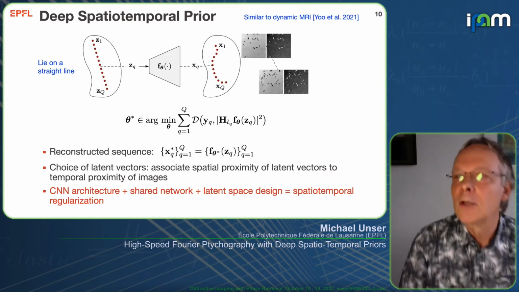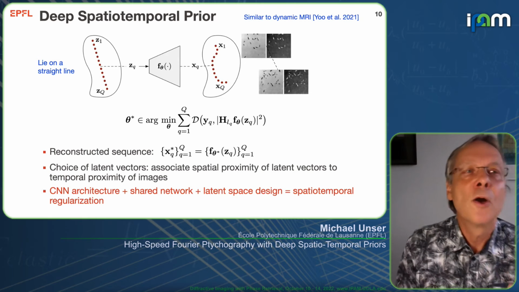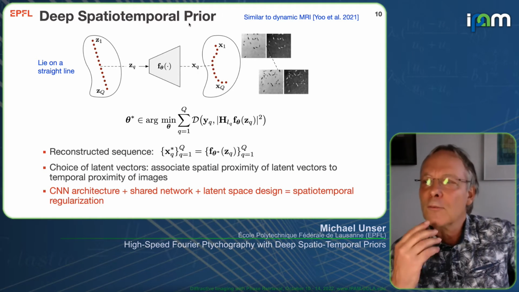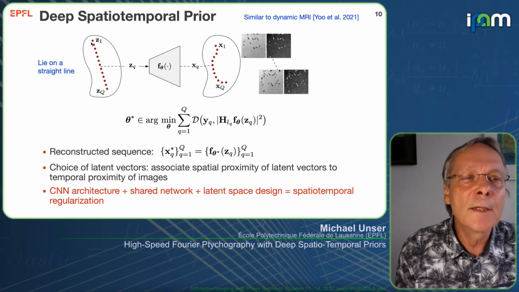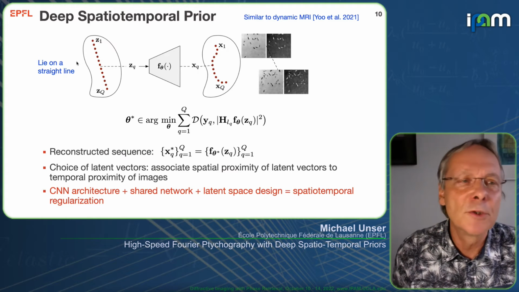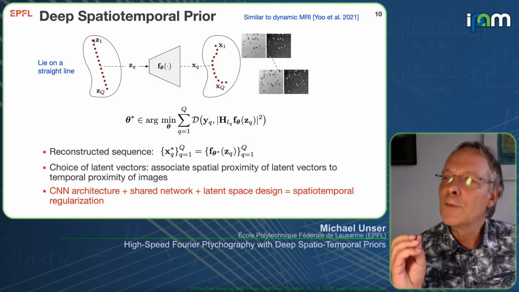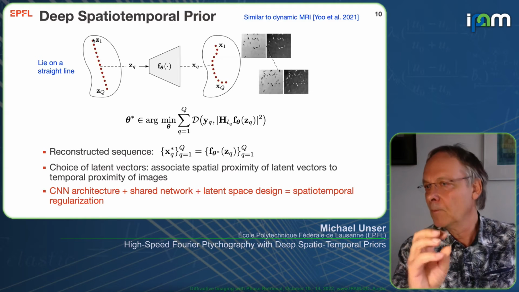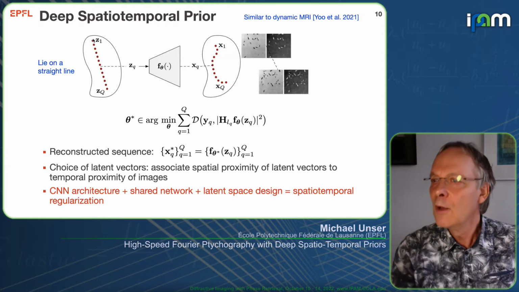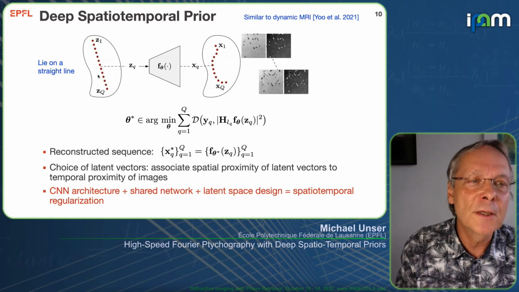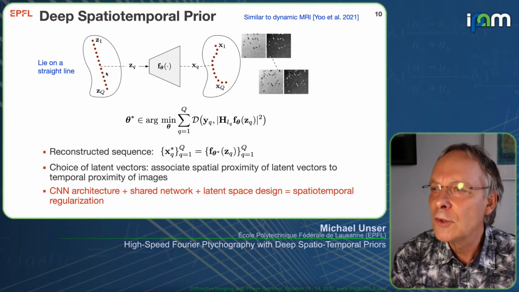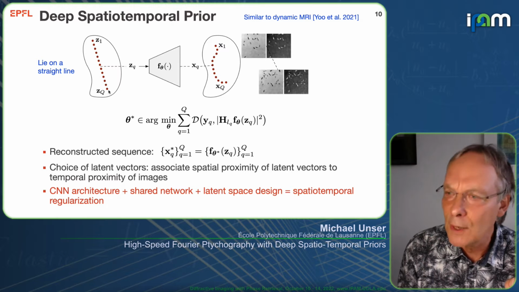But now this is the conventional deep prior. What we did here is a spatio-temporal variant of this deep prior. Here we have a dynamic sequence of images, and so instead of having a random latent variable for every image, we force the input of the neural network to lie on a low dimensional manifold parameterized by time.